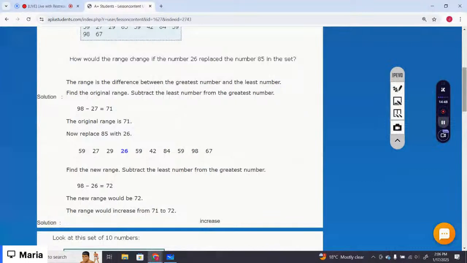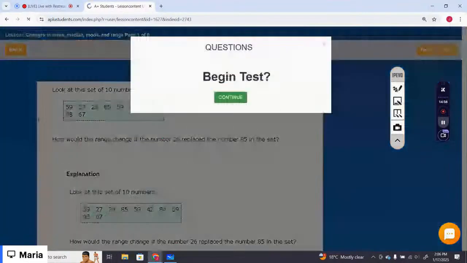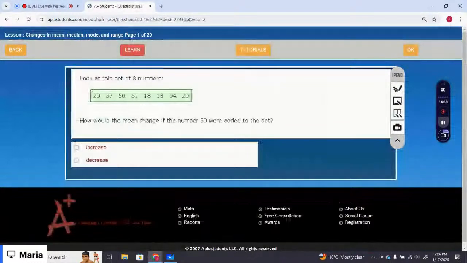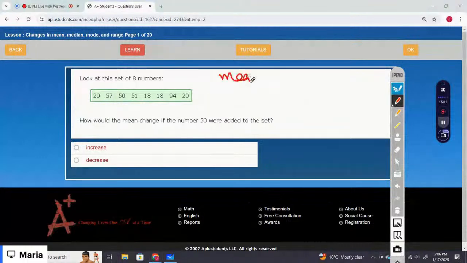Let's just start with the test questions. Look at the set of 8 numbers. How would the mean change if the number 50 were added to the set? So let's just calculate the mean of the given data set. The mean is the sum of all the numbers divided by the number of given numbers, right?